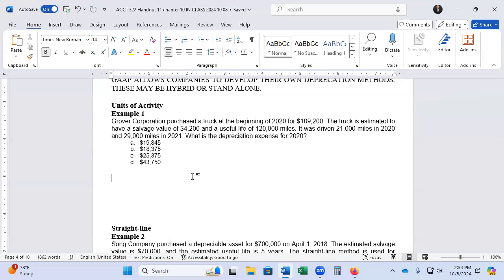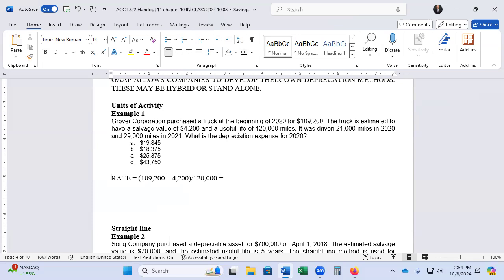Company purchased a truck at the beginning of 2020 for $109,200. The truck is estimated to have a salvage value of $4,200 and a useful life of 120,000 miles. Okay, so if we want to calculate our rate, that's going to be equal to 109,200 minus the salvage value, 4,200, and we're going to divide that by the estimated total activity of 120,000.